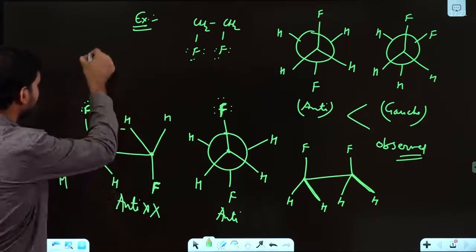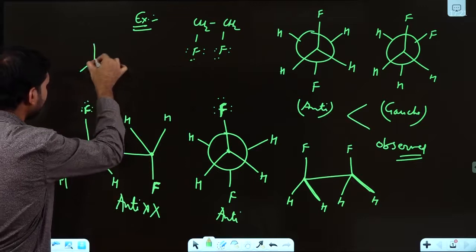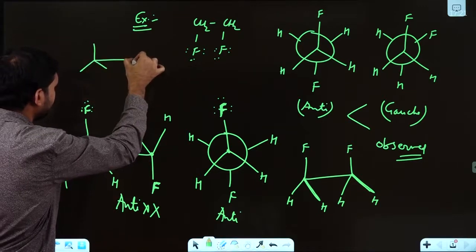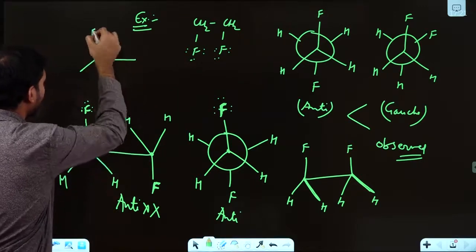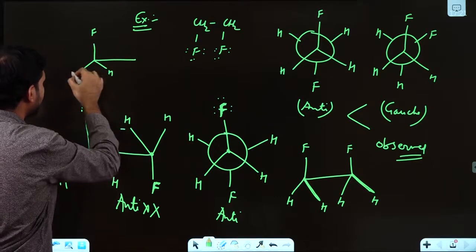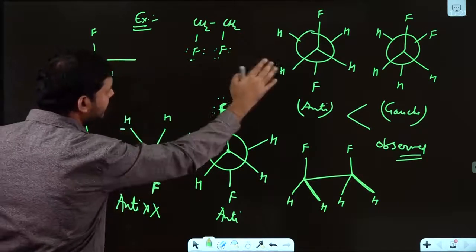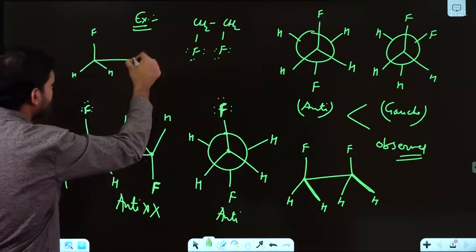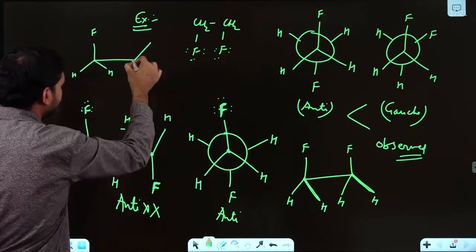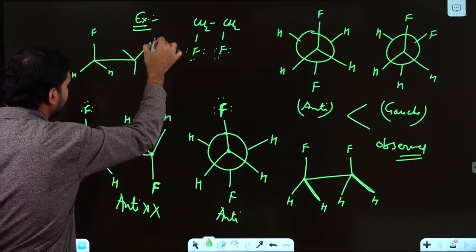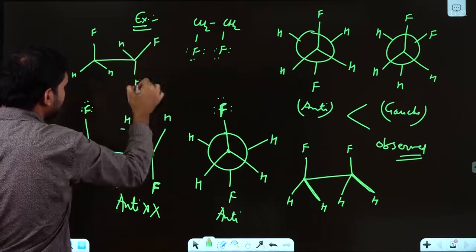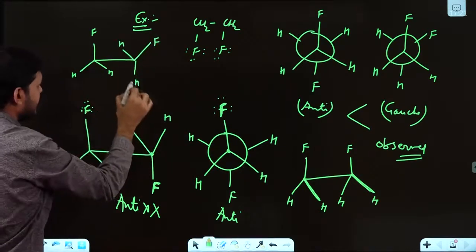But now this C, F, H, right, this front part, and now this back part, F, H. Now I have drawn, this is gauge form, right?